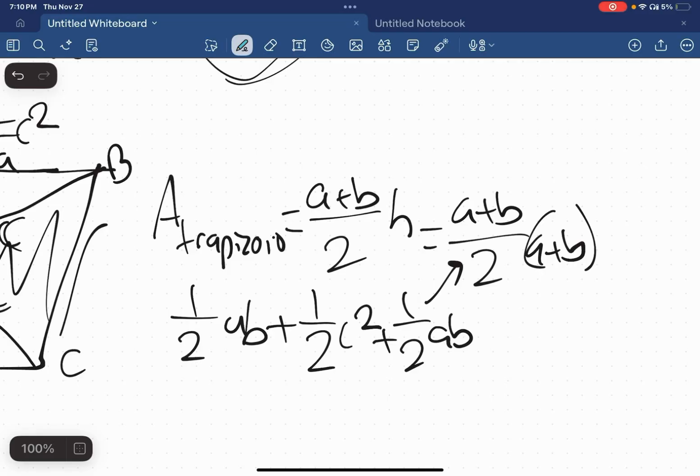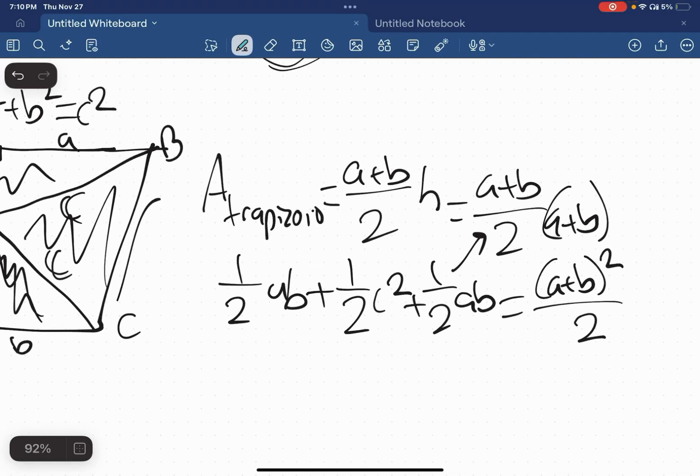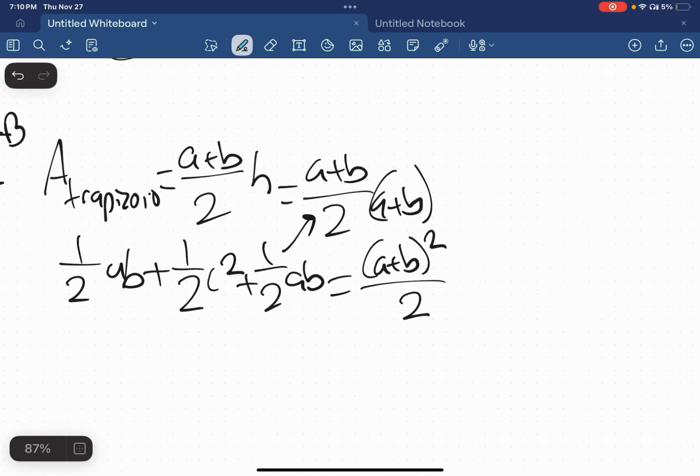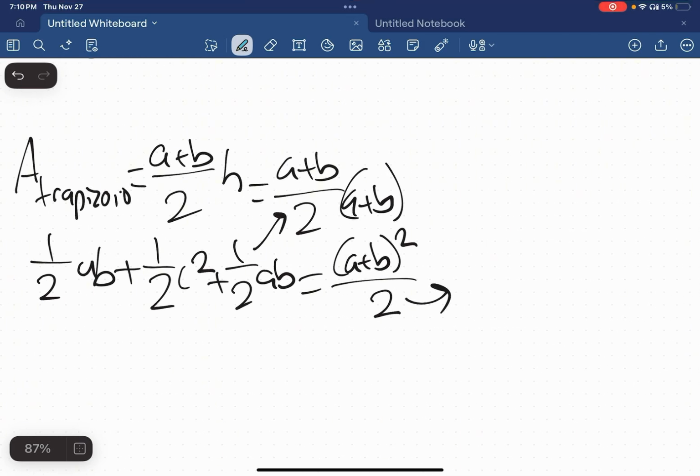So let's set it like that. And now we actually end up equating the areas. So we'll first just solve what this is.